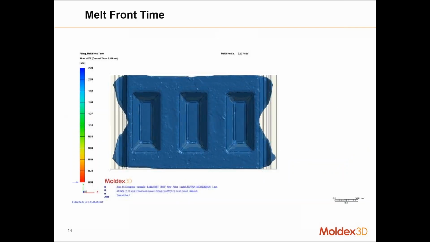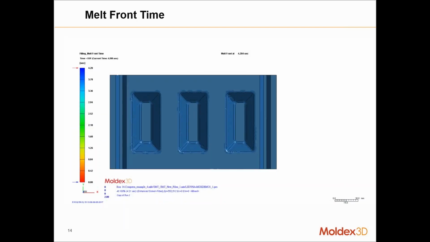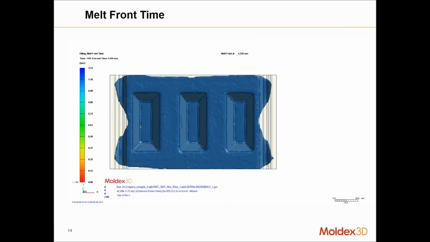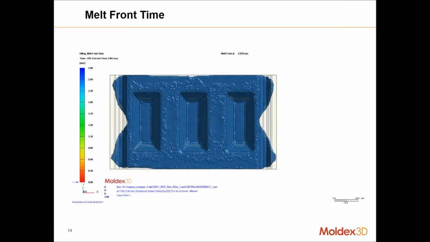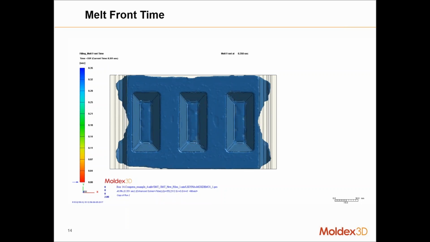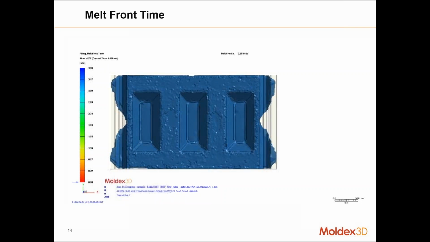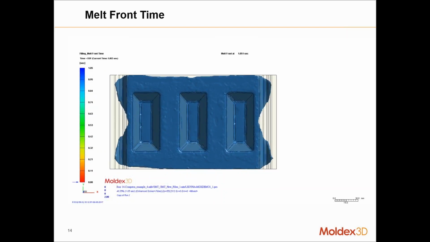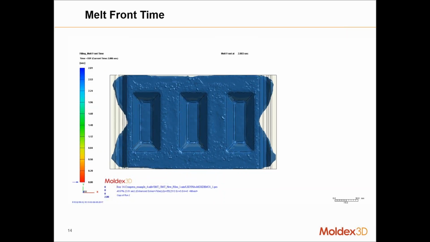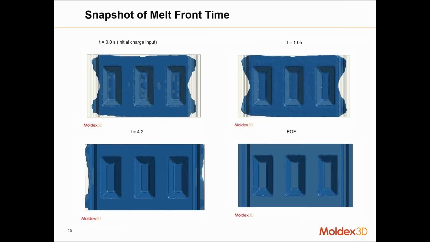And here's an animation of the charge being compressed and material flowing to complete the fill of the part. Because we have a big jump at the end there, here's a quick snapshot of the flow at different time steps.